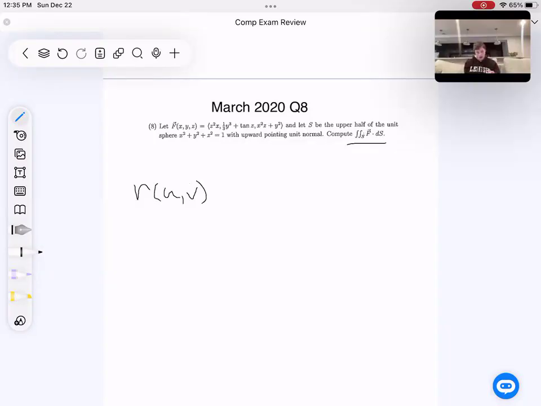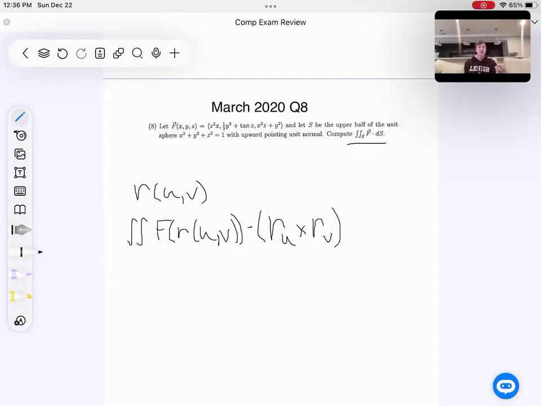Then all you would have to do is plug R of u and v into F, so F of R of u and v turns it into an equation of two variables. And to handle the dS part, all you would need to do is find the normal vector, which is the partial derivative of R with respect to u, crossed with the partial derivative of R with respect to v. And that's how we would find that.